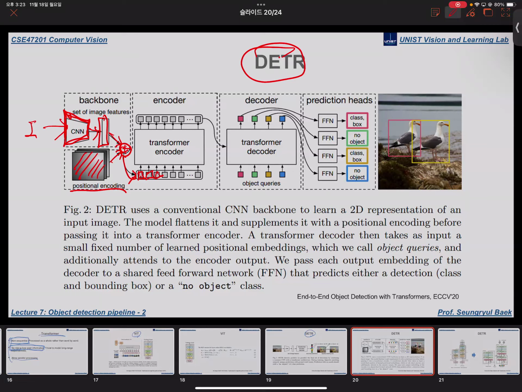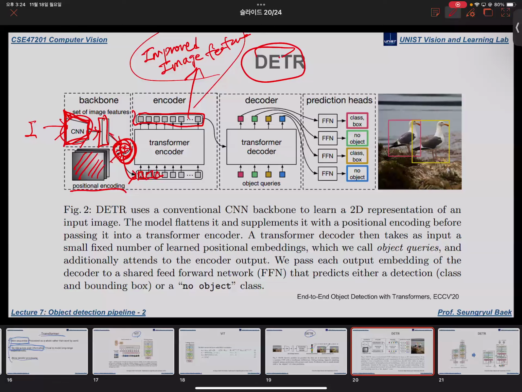Then we make the feature by encoding this image feature. We normally call this the improved image feature. The CNN can already extract some image features, but after that, the transformer encoder improves the initial image feature.